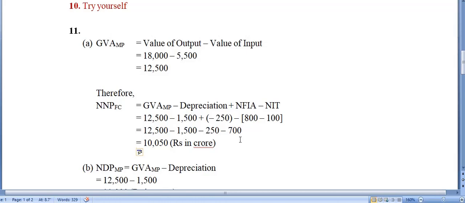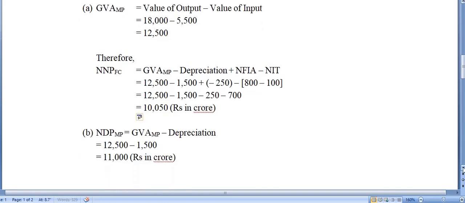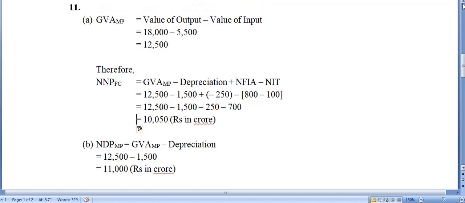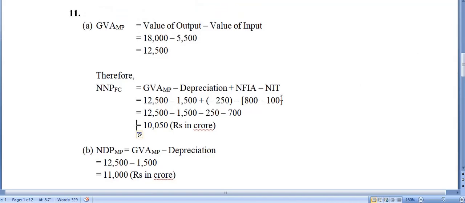The first part of the question is completed. Now we need to go to the next part. In the first part, we have already calculated GDP MP, 12,500, because GVA MP and GDP MP are the same.